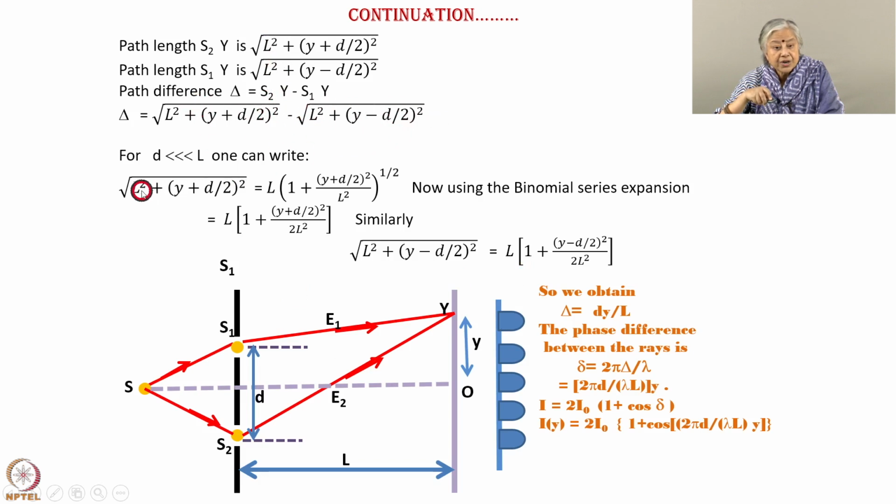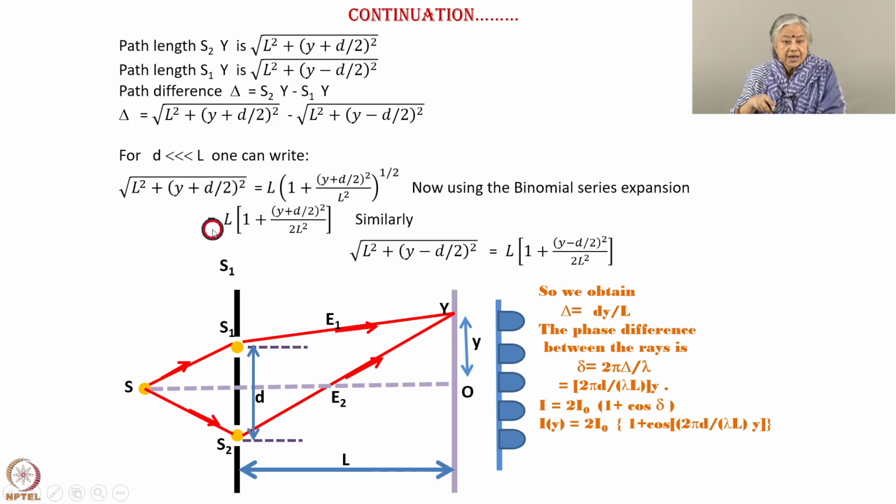Now, for d much less than L, where d is the distance between the two slits and this distance L is quite large, which is often the case in any interference pattern, these two are very close. We can just expand this using a binomial series expansion.